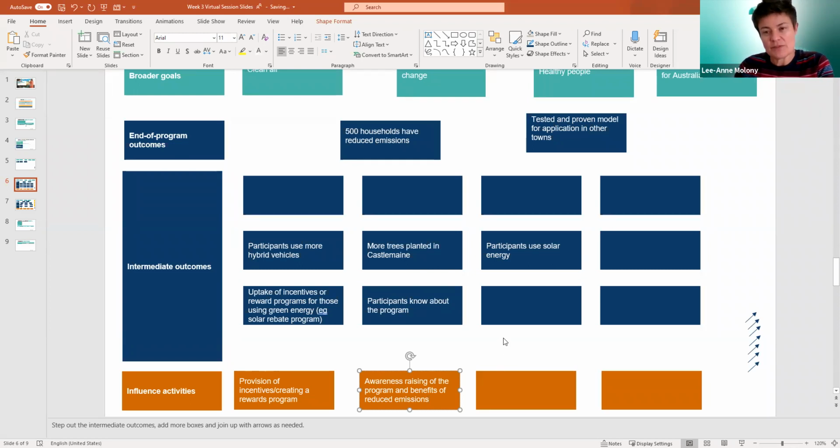Yeah, so the state government provided, in Castlemaine, the money for a small team of 3 to work with the community to create the change of 500 households with reduced emissions. And absolutely, in this context, there was a training and awareness aspect where people were engaged in that and understanding how they could reduce their emissions.